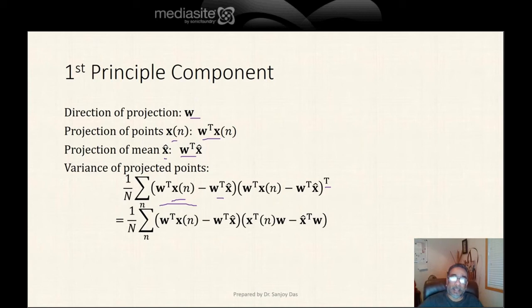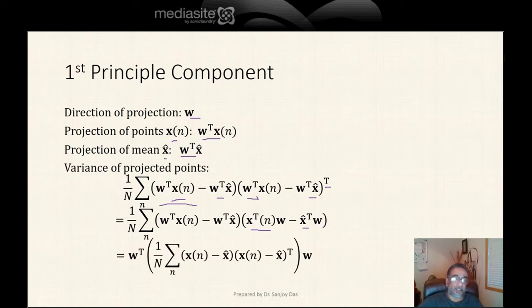So taking the transpose inside, W transpose xn is replaced with xn transpose W, and W transpose x hat is replaced with x hat transpose W, which is equal to, now I take this W transpose outside because it's independent of the index n, and that's here, and I take this W outside, and that's here, this W here.